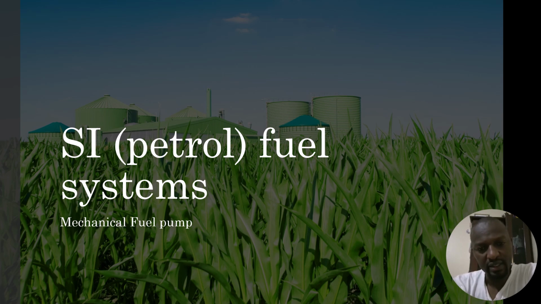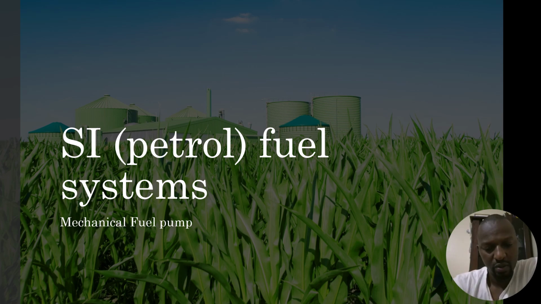So we looked at various layouts. We looked at the gravity feed and the pressure feed, and then we started talking about the components that make up each of these fuel supply systems. Now we mentioned the tank, the fuel lines, and the fuel filter. And today I want to talk about the fuel pumps.